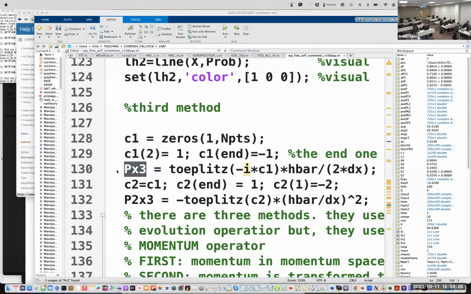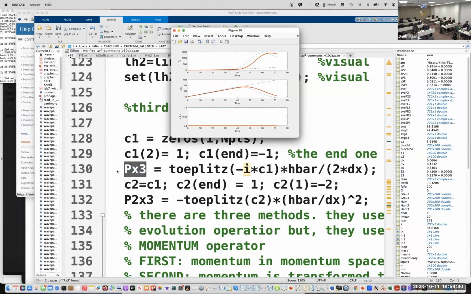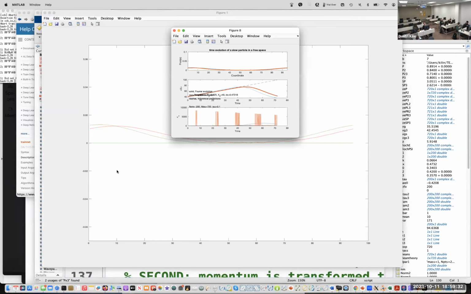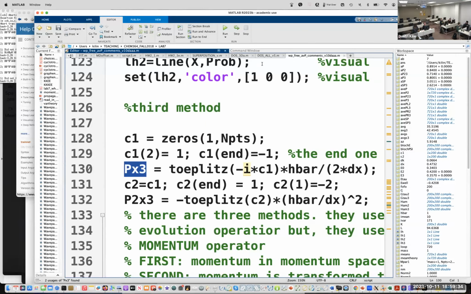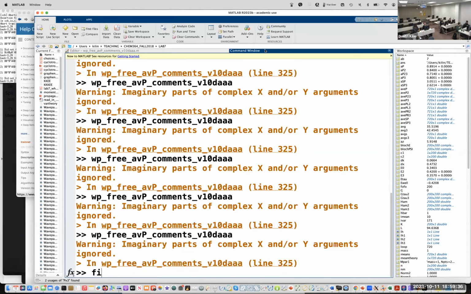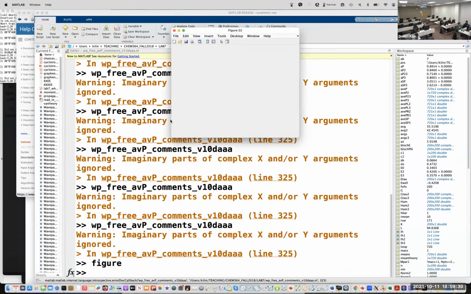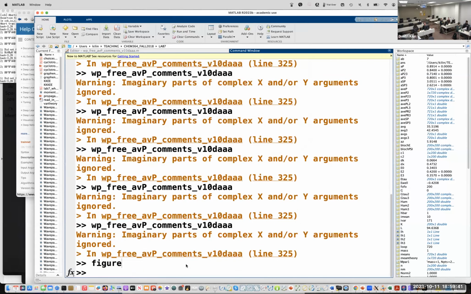Now I'm going to the command line, maybe open a new figure and type mesh imaginary of px3.